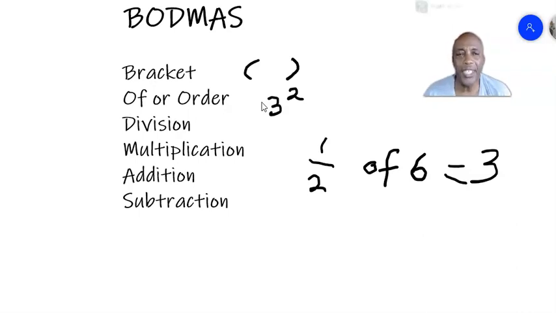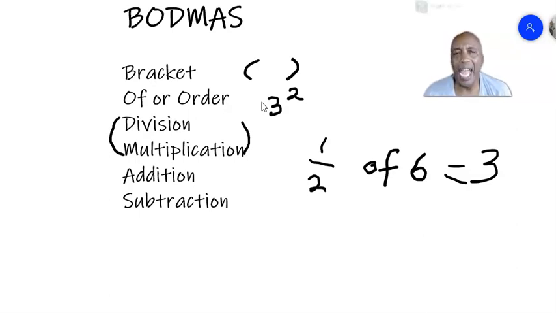The multiplication and division are done in any order, but it is done in sequence. If division is first, it's done before multiplication, and vice versa. So multiplication and division are done after the brackets and after of or order.